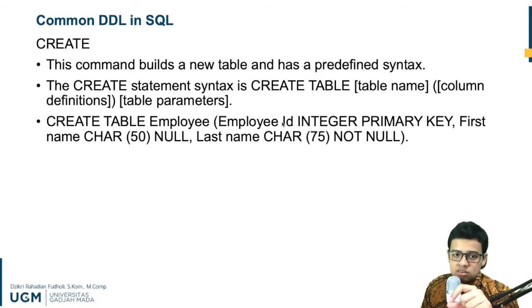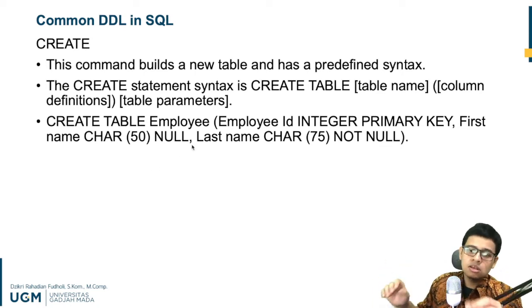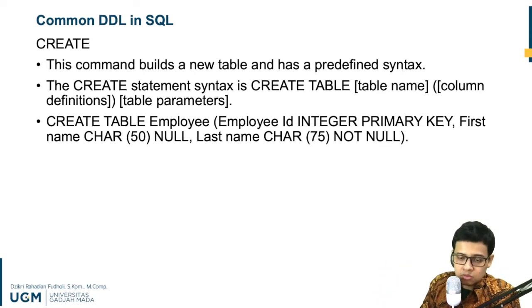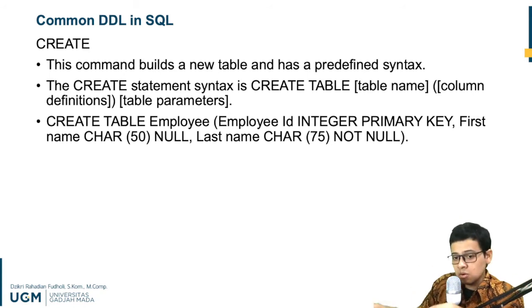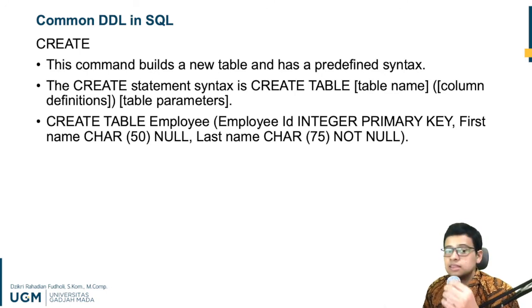And the column definitions: we have employee ID with integer as the data type, and this one is a primary key, as we state here. Then we have the first name attribute, or column, that's the same. In the first video, we talked about the attributes of each entity. The entity is the row and the attributes are the columns in a table.